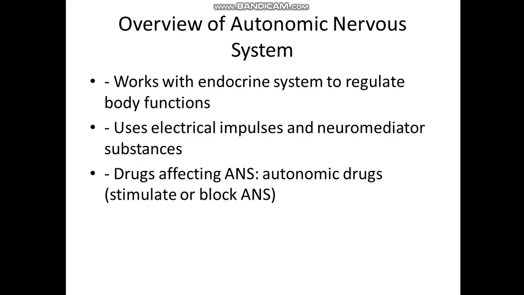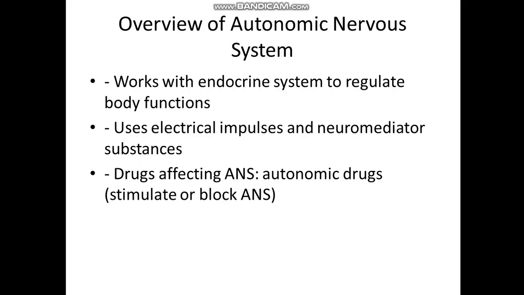For example, we have the adrenal medulla, which releases epinephrine and norepinephrine, and norepinephrine is used as a neurotransmitter. In the nervous system, electrical impulses are fired from one region and reach another, to carry information from the nervous system to the effector organ, or from the receptor organ to the nervous system for modulation.